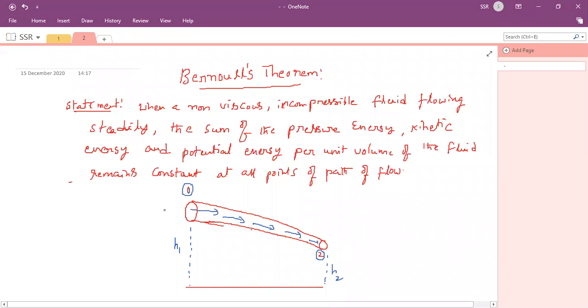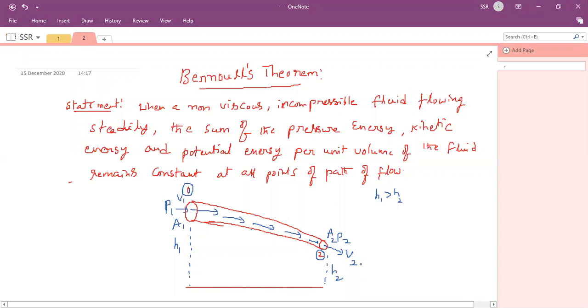Let us say pressure at point 1 is P1, area of cross section is capital A1. Pressure at point 2 is P2 and area of cross section is capital A2. It is very clear H1 is greater than H2 and A1 is greater than A2. Fluid entering at point 1 has speed V1. Fluid leaving at point 2 has speed V2.